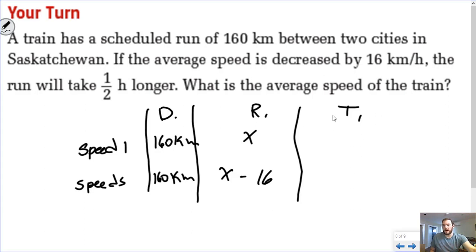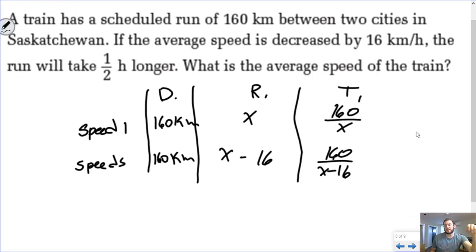Again, we don't know what the time is, but we can calculate time by saying distance over speed. So if I have 160 over X, that will give me the time it takes to get from one city to the next using this speed. And if I have 160 over X minus 16, that'll tell me the time it takes using the second speed.